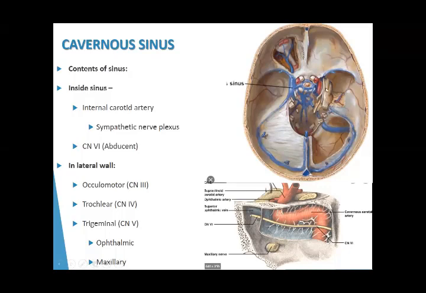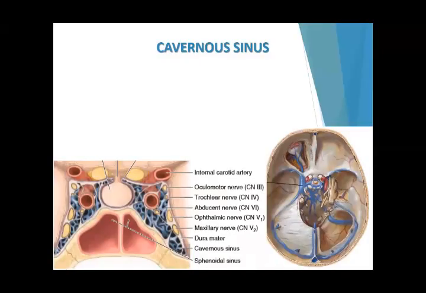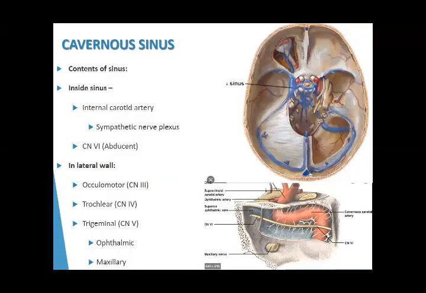You can see the three branches. Ophthalmic, this is the ophthalmic, going into the superior orbital fissure. Then you have, this is the maxillary, going into the foramen rotundum. You can see it going into the foramen rotundum, and you have this mandibular going into the foramen ovale.